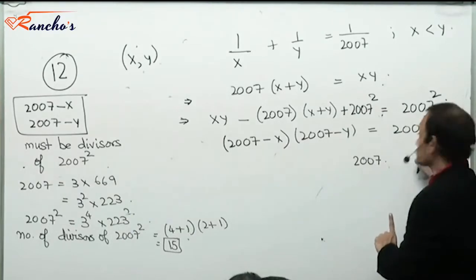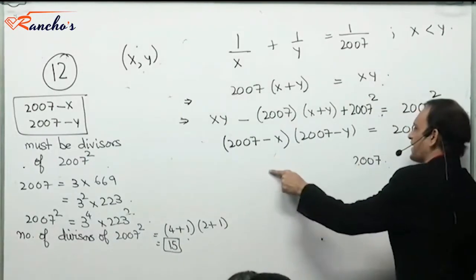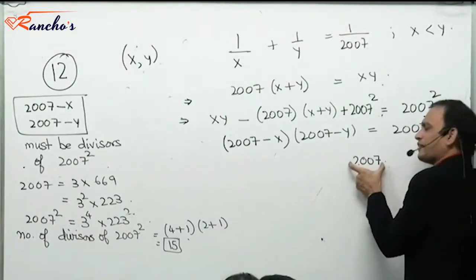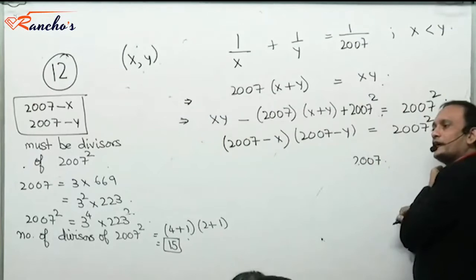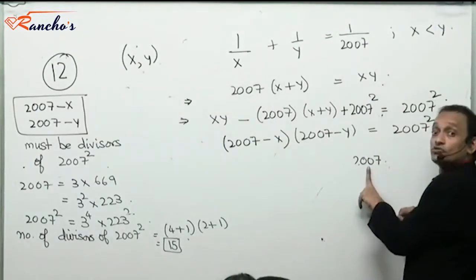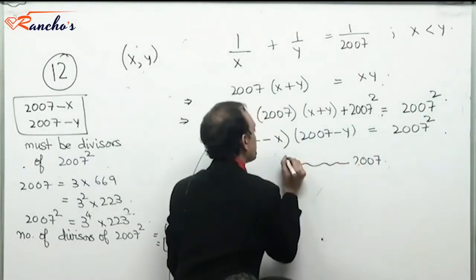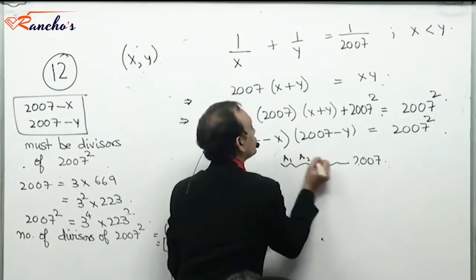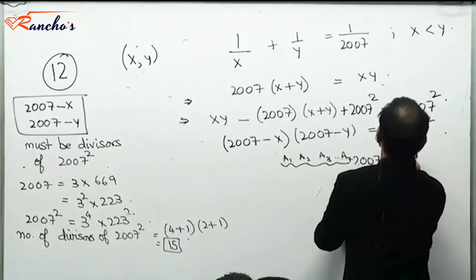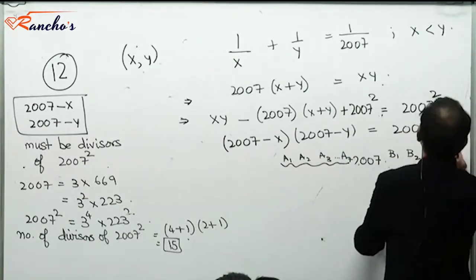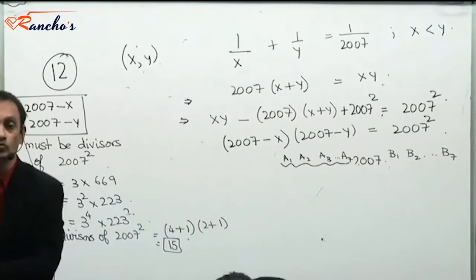If I arrange those factors in increasing order, out of 15 factors, 7 will be before this and 7 will be after this, so 2007 is exactly halfway between those. So there would be 7 factors before, say A1, A2, up to A7, and 7 factors after, B1, B2, up to B7. That makes it 15 factors in all.